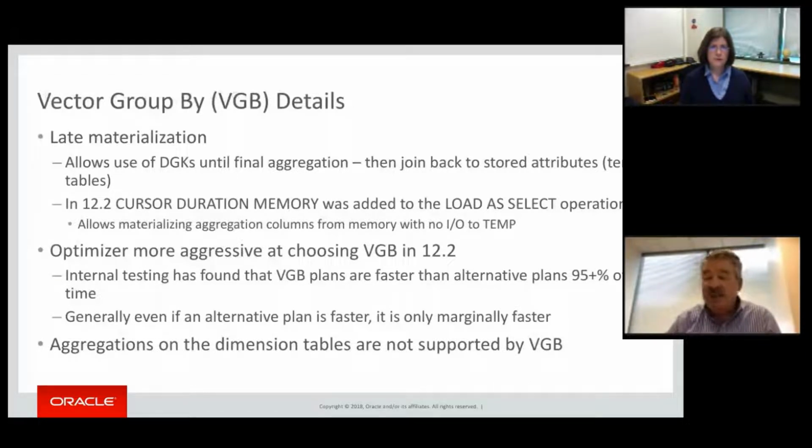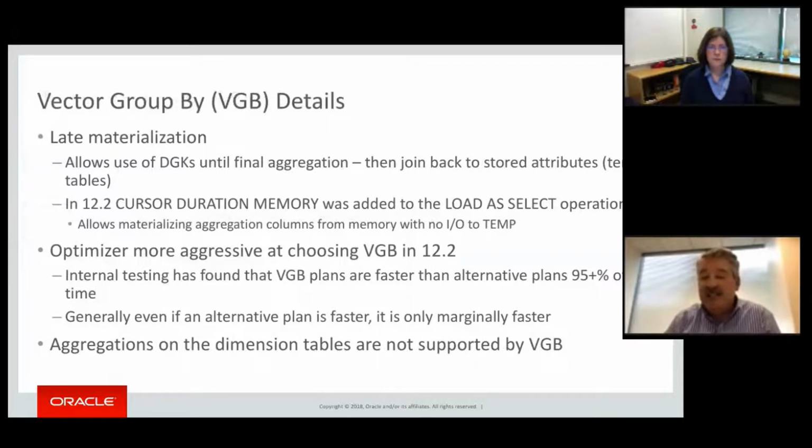If we choose a vector group by and it isn't faster, it's almost in all cases only marginally slower. So even if we miss, we're still in pretty good shape, which is why with Database In-Memory in 12.2 or higher, you'll see a vector group by as part of a group by query if it meets all the other requirements.